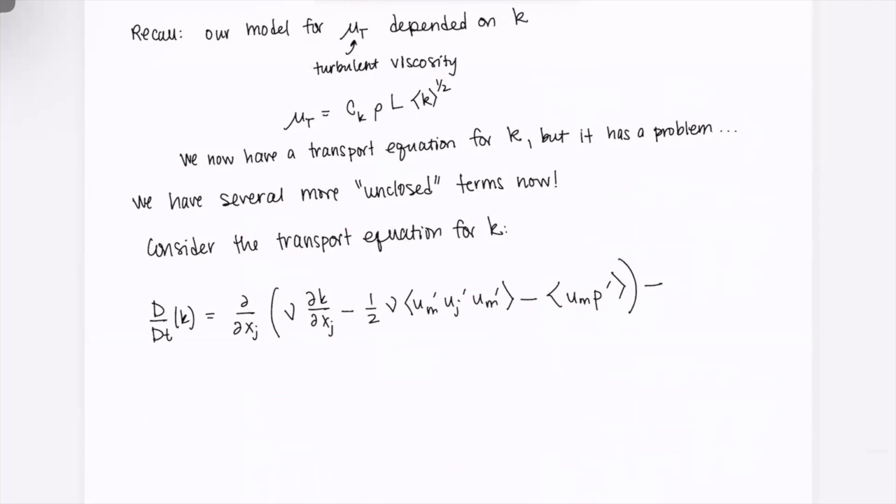Okay, and then we had nu times u_m prime u_j prime partial u_m partial x_j, and then minus nu times our viscous dissipation.